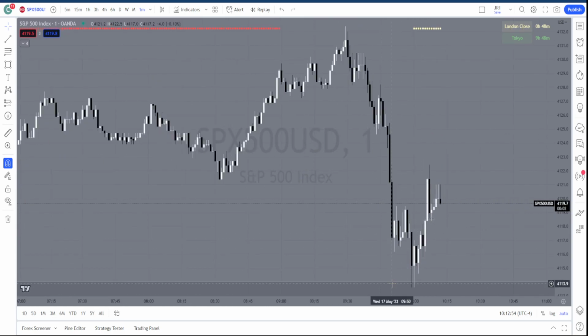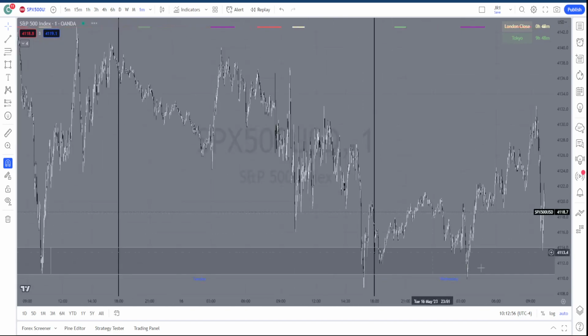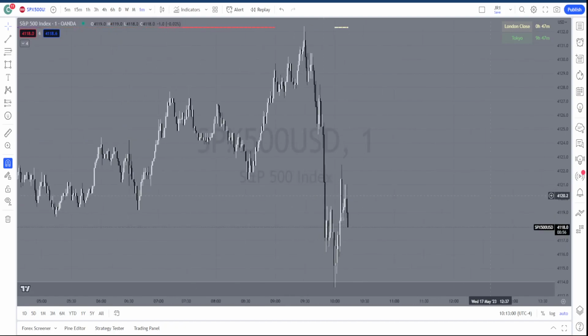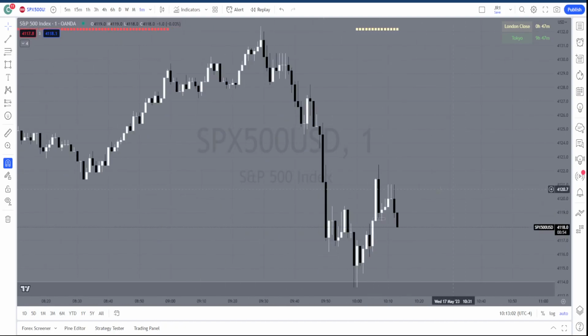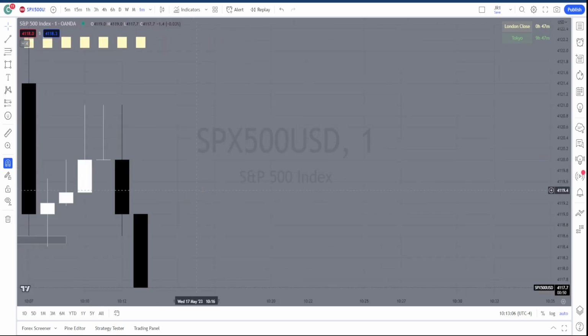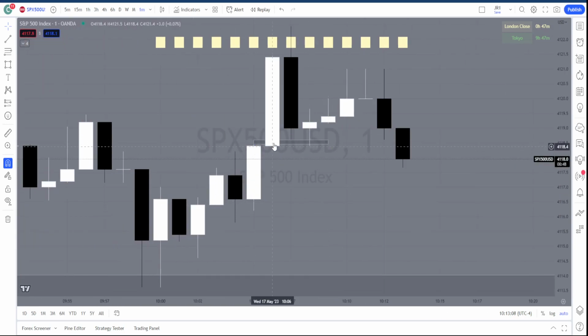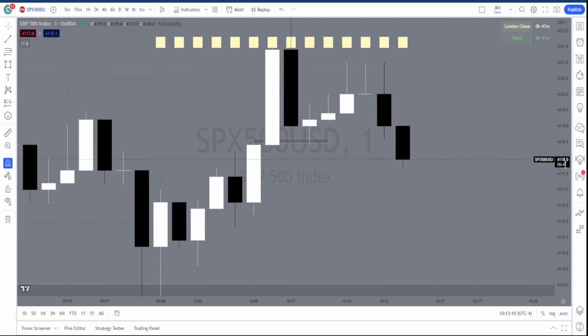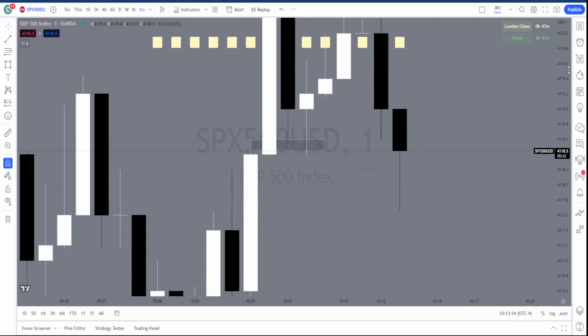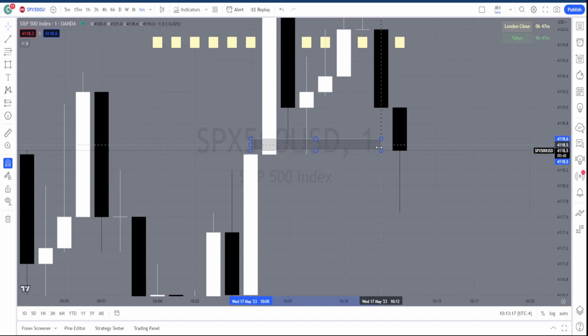You see we dipped into a support zone, right? If I zoom out, you just see it's a support zone. Once we've done that, you notice that we've now created an imbalance right here, whatever you call it, imbalance, liquidity void, fair value gap, whatever you want to call it.